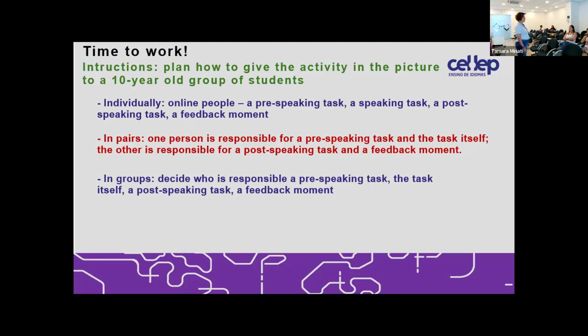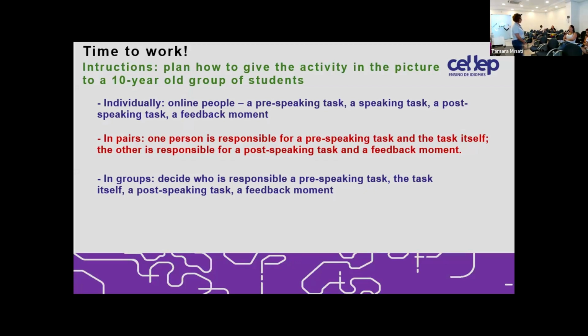Then in the feedback moment I would ask them what was the most difficult part, what they think they need to improve, the vocabulary or the likes and dislikes, just to see if they are already aware. And after asking them, I would tell them my thoughts about their difficulties.